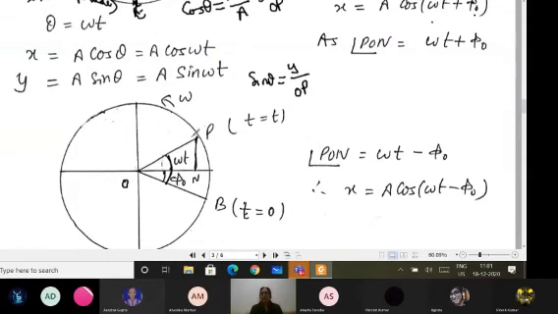It means angle POB equals omega t. But if I take the projection on the x-axis, I am taking ON, then you can again write the value of x here, that will be equal to, you can take the projection ON, that is equal to what?